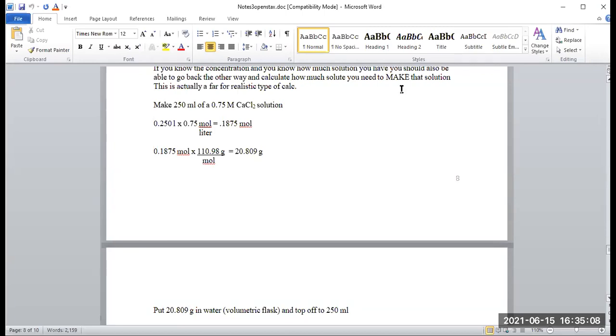Now I'm going to see if I can pull up a picture of a volumetric flask, if I can get Google to kind of cooperate here, because volumetric flasks are a little bit different in structure than the ones that we tend to use for other things in lab.